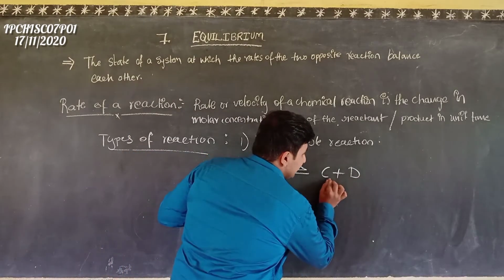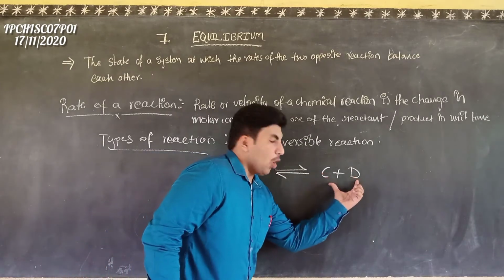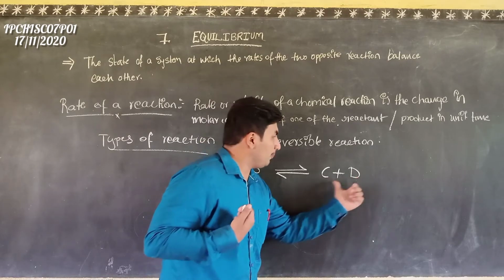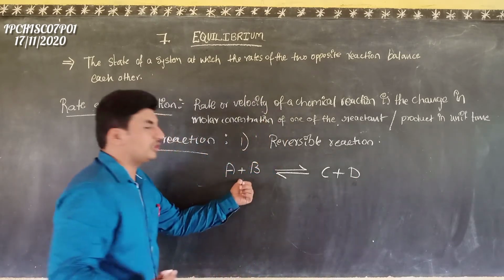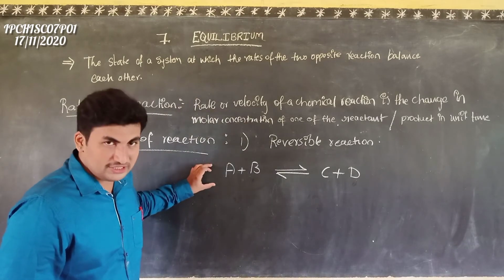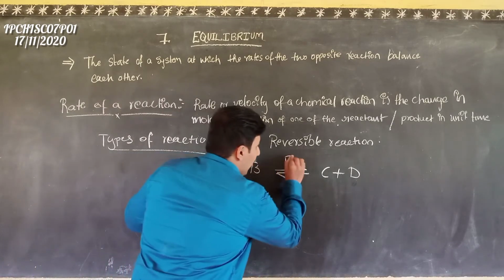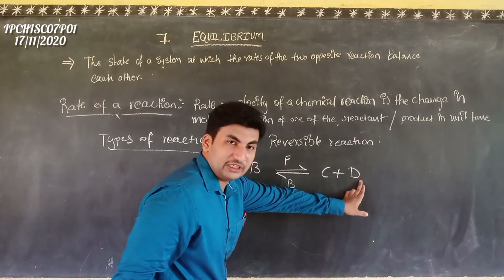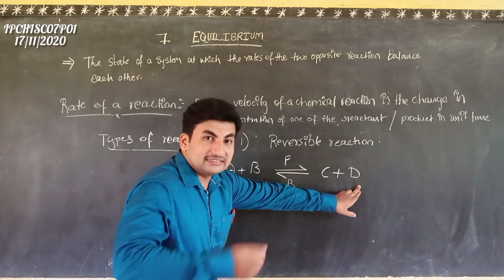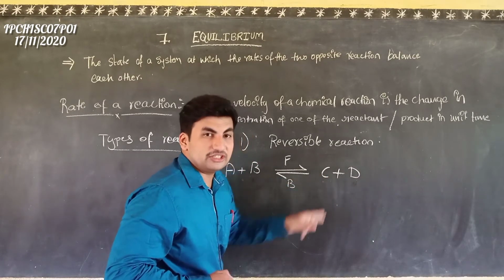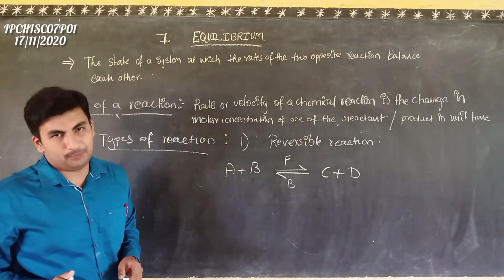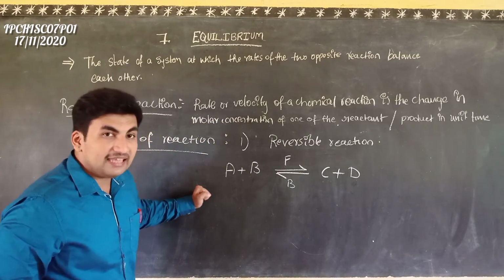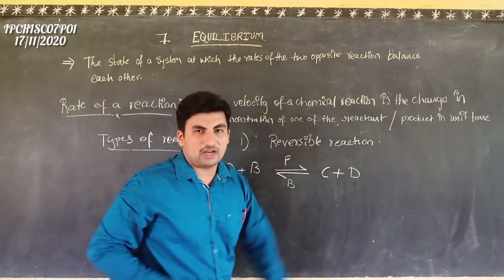Backward reaction means the obtained products are now the reactants: C plus D will react with each other to give A plus B. Now you understand? This is a forward reaction, this is a backward reaction. A plus B will give C plus D as product. Then again, simultaneously, C plus D will react to give A plus B as product. That is the backward reaction. This reaction is called a reversible reaction.